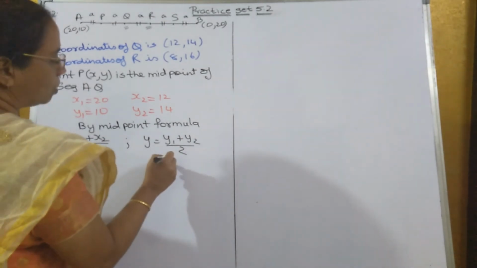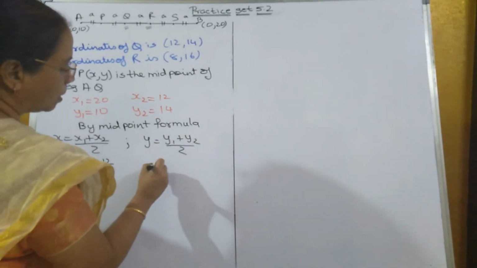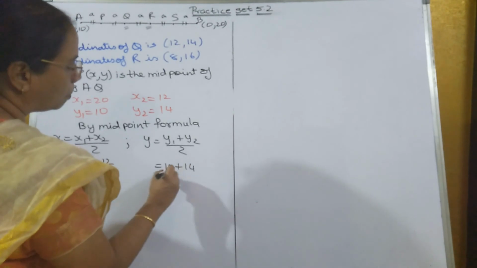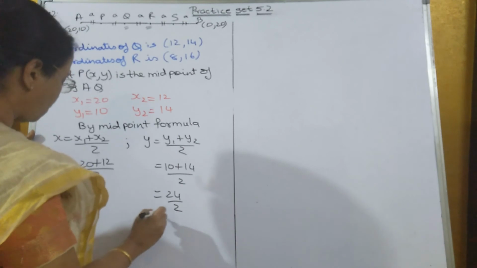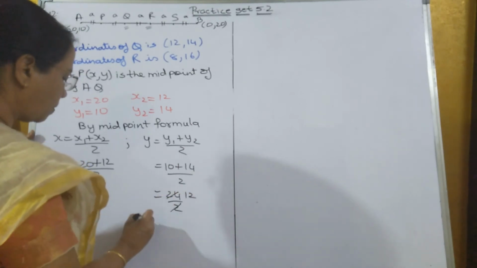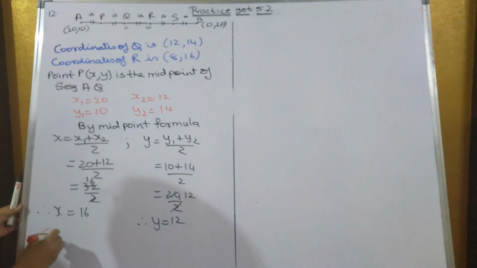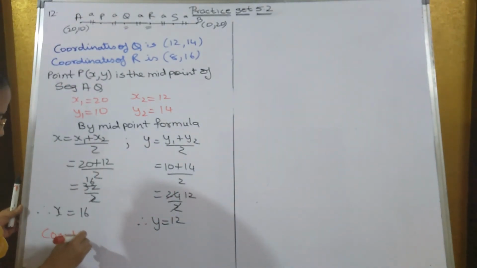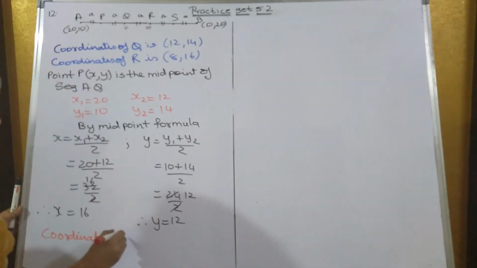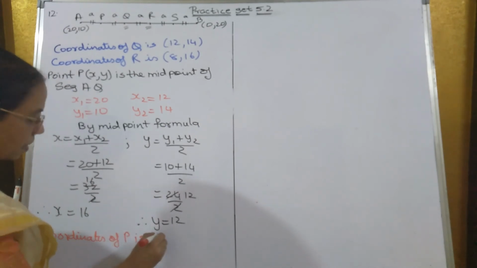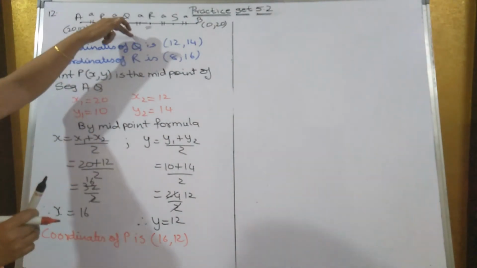Now Y is equal to what? 10 plus 14 upon 2. That's equal to 24 upon 2. Therefore, Y is equal to 12. So coordinates of P is 16, 12.